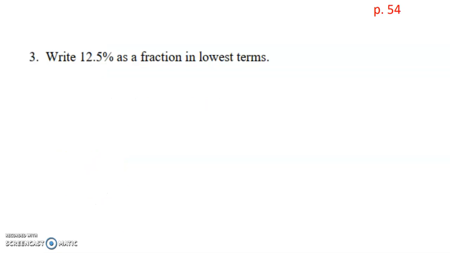Number 3 is a bit different. We need to write 12.5% as a fraction in lowest terms. Well, we know we have to make it out of 100, but unfortunately we're not able to put a decimal in a fraction.